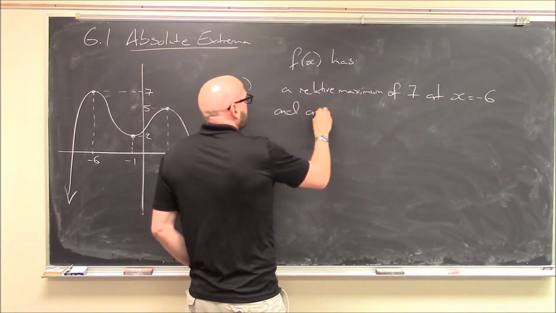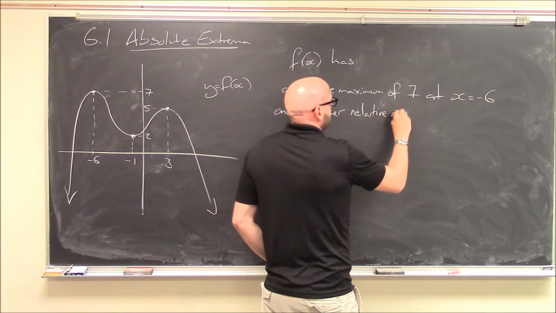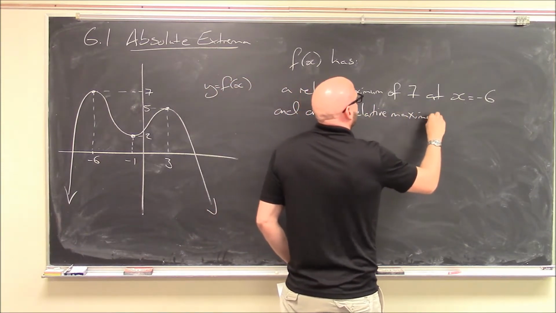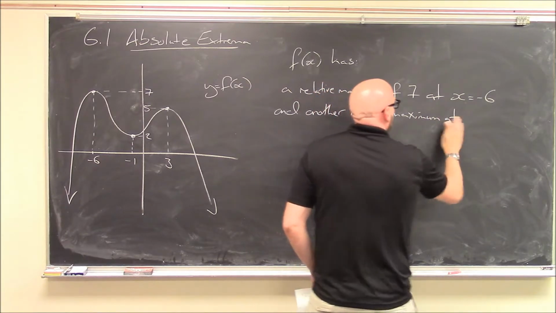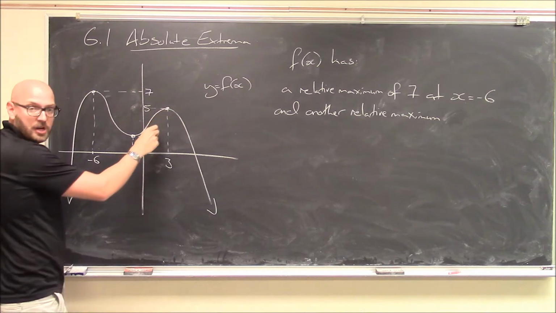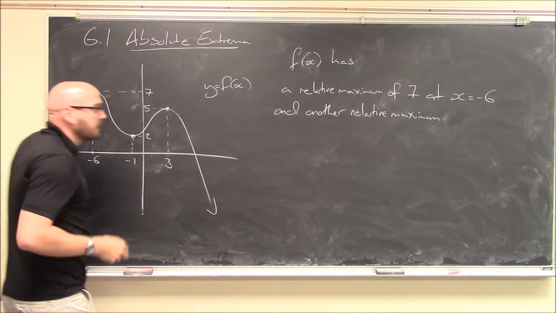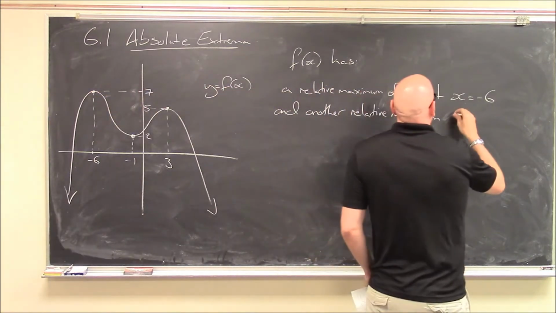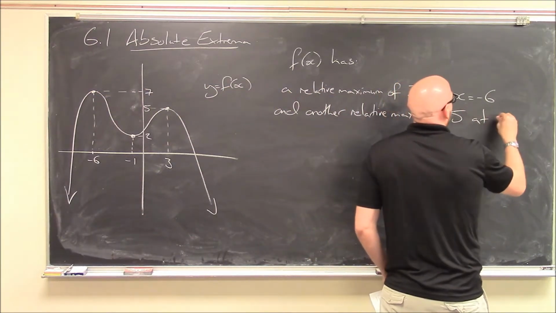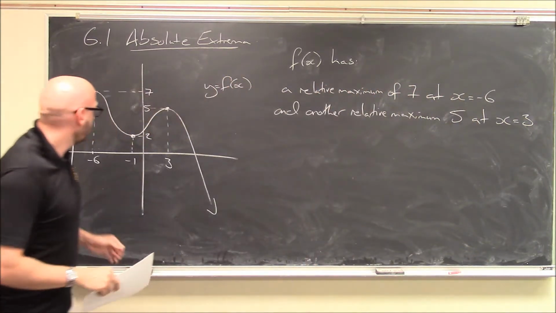And another relative maximum of what? Here's a minimum, but I have another top of a hill over here. It's got another relative maximum of positive 5 at x equals 3.